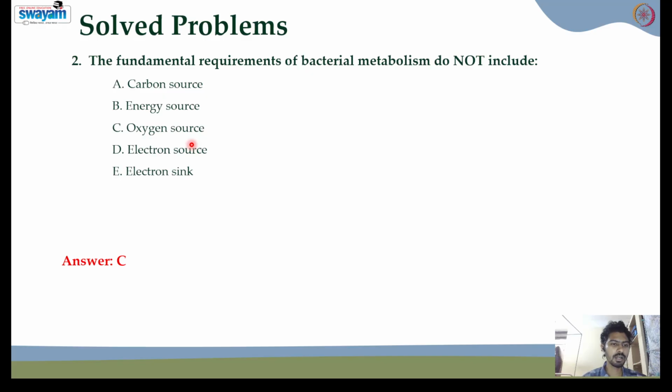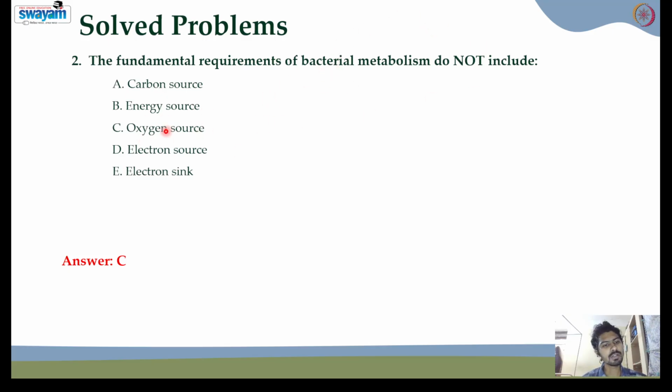The electron source is mostly useful for carrying out redox reactions for both energy production and biosynthesis. And what is an electron sink? The molecule which accepts the electron, which allows the completion of the redox reaction. So carbon, energy, and electron sink are fundamental requirements for all kinds of bacterial metabolism.